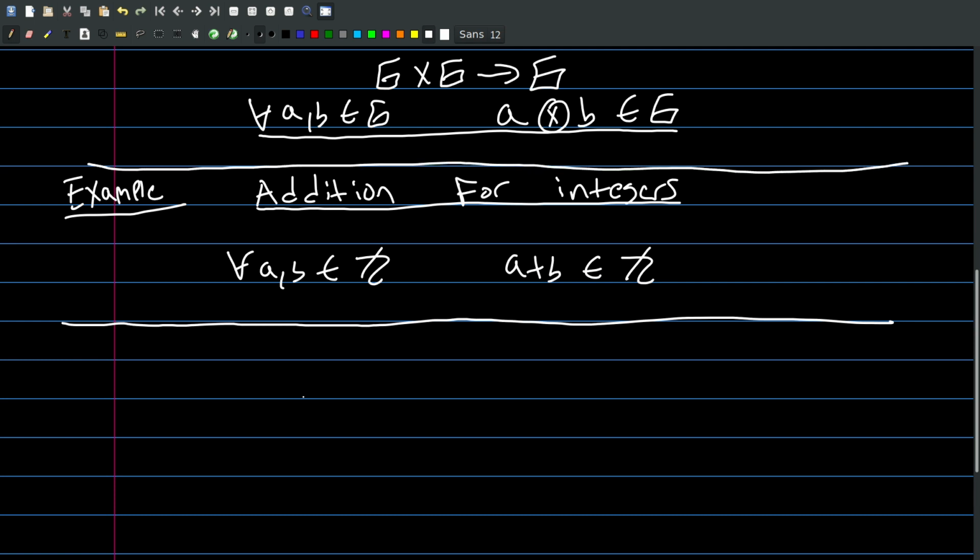Now, is subtraction a binary operation? And it is. You can use the same argument here that an integer minus an integer is an integer.